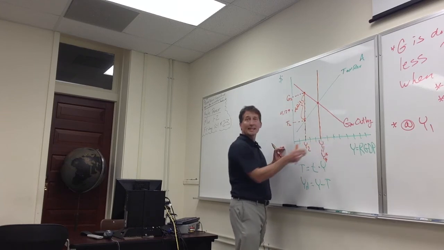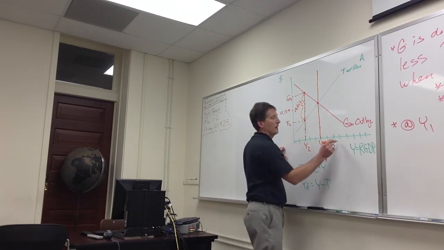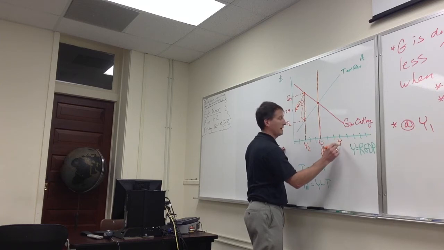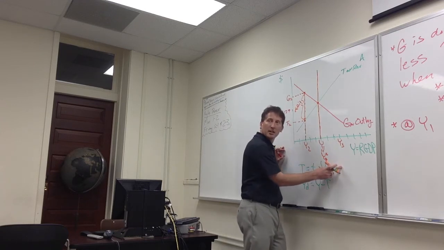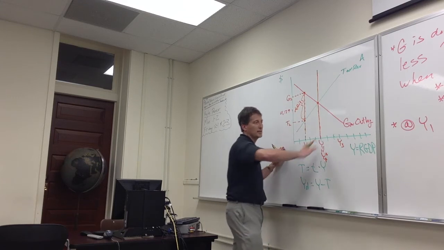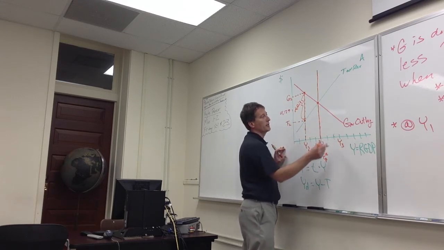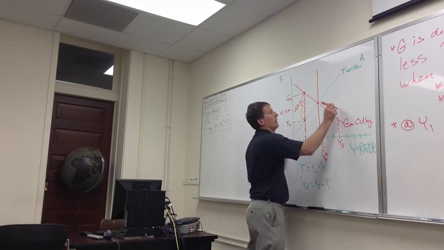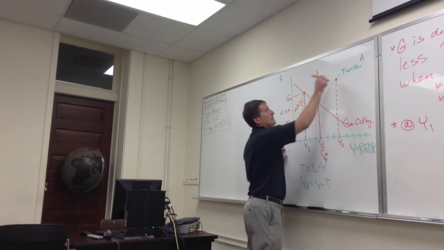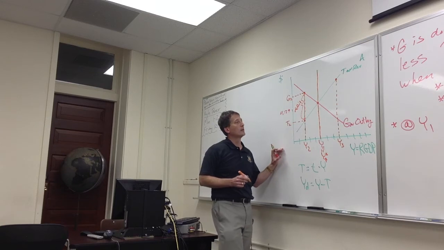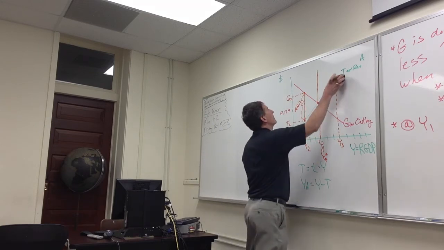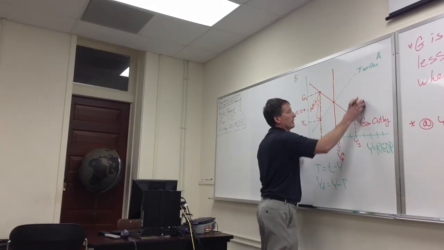As the economy heats up and bumps over to Y3, we have an inflationary gap or a recessionary gap? Inflationary gap. So as we heat up and we're going through an expansionary phase in the business cycle, what naturally happens is the government ends up collecting more taxes. And maybe I should have put that a little higher, a little lower.